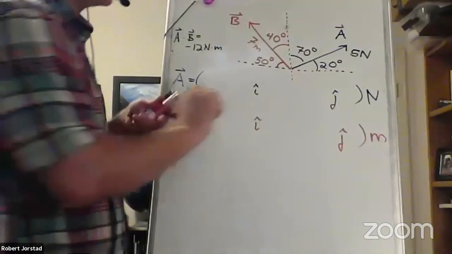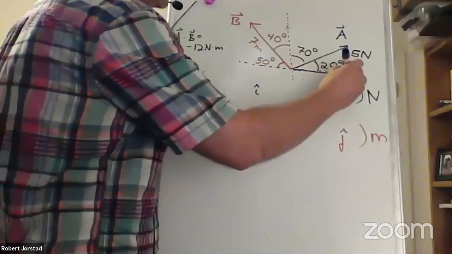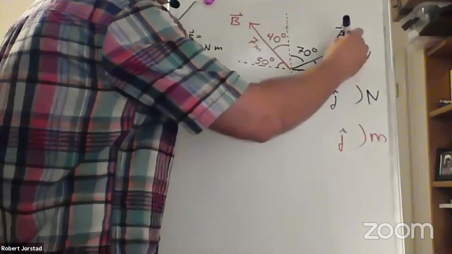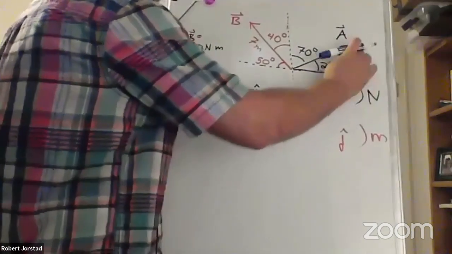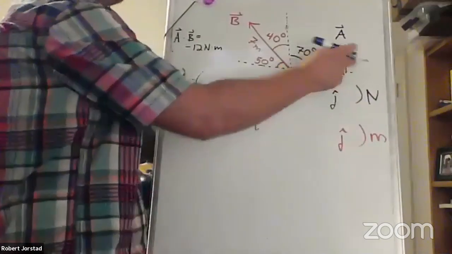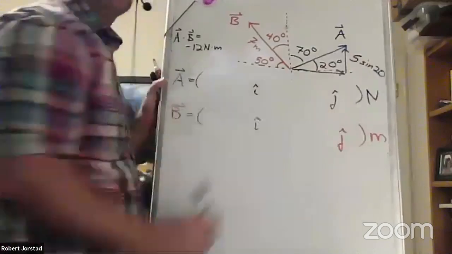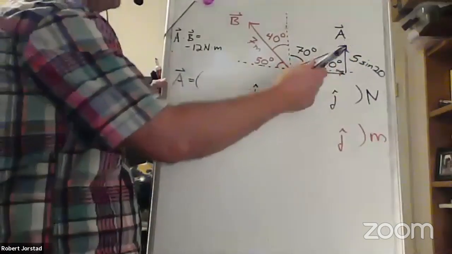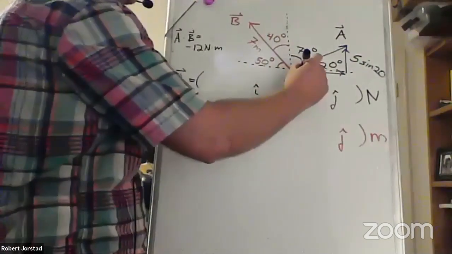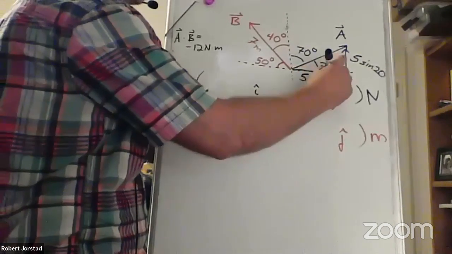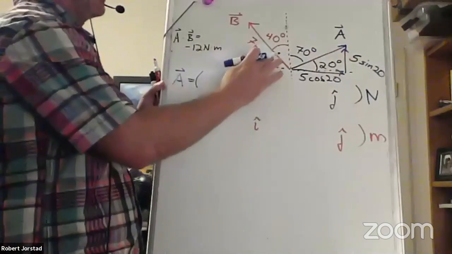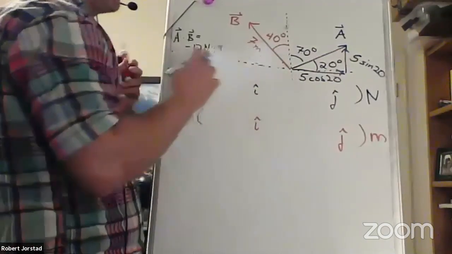Now, in this case, you could go ahead without me. I don't have room to do everything here, but this is opposite the 20. So this is going to be a 5 sine 20. Sorry, I didn't write the units. That's a 5 sine 20. This one's adjacent to there, so I'm going to write this as 5 cosine 20. Now here, this is getting messy, so I'm going to erase this one.